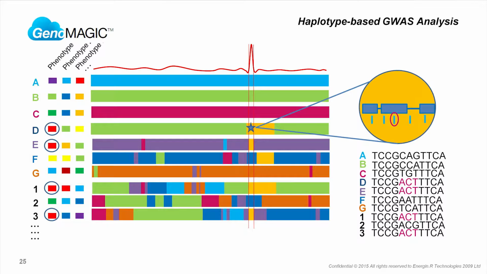So that QTL or GWAS analysis is an application that we add to GenoMagic that will immediately be available for the academic customers of GenoMagic Scholar.